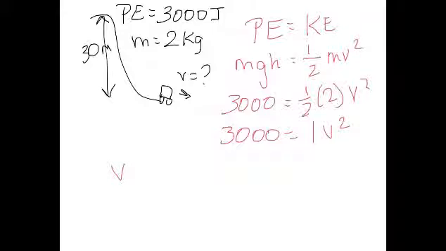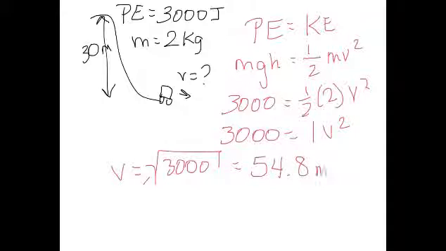So v is equal to the square root of 3,000, which is equal to 54.8 meters per second. So that is our velocity at the bottom of the hill.